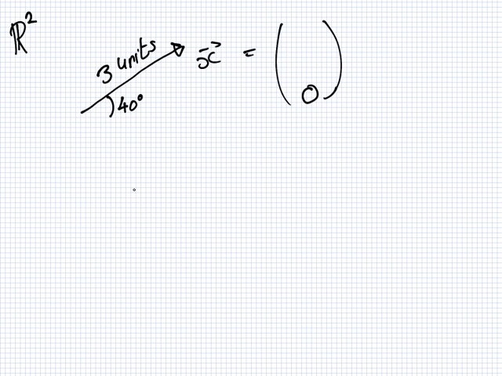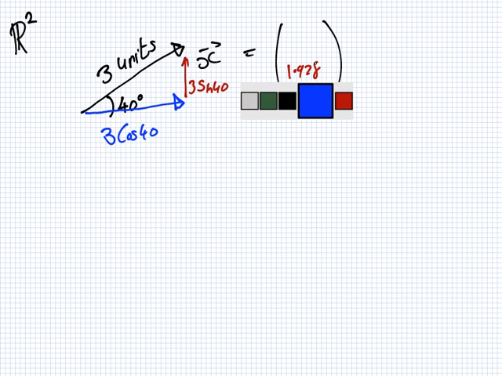So let me just change the colours here. This side is 3 cos 40, and then this side here is 3 sin 40. What's 3 sin 40? 1.928. And then the cos one? 2.298.